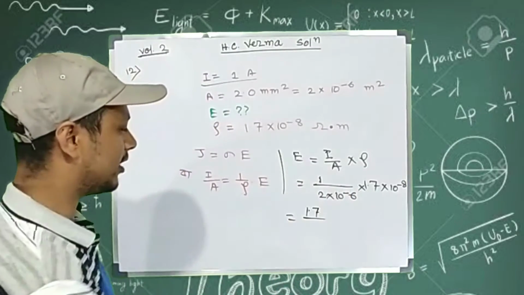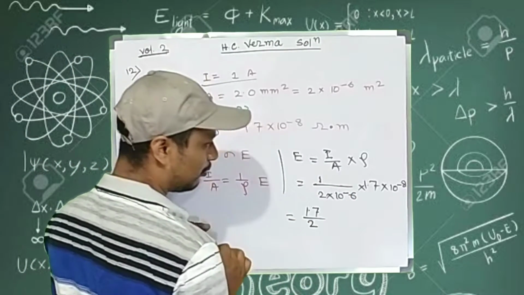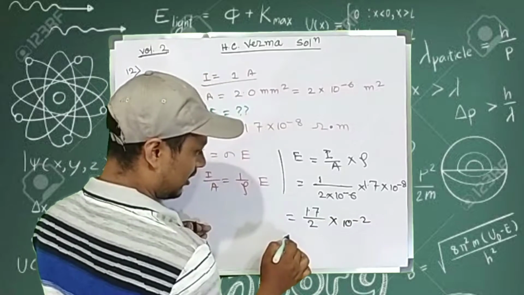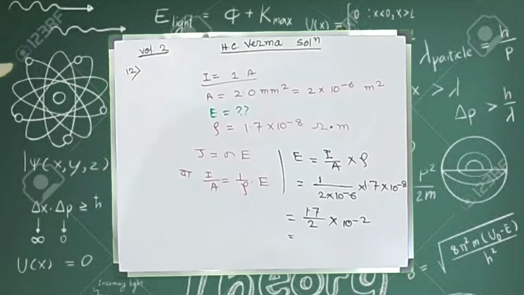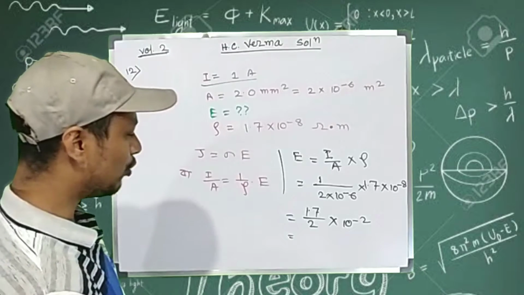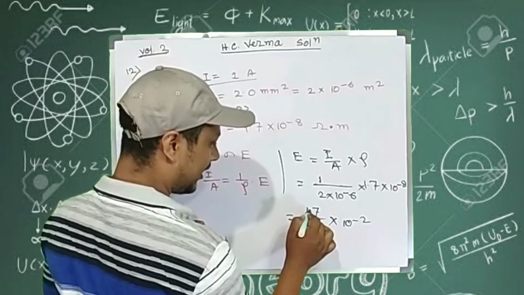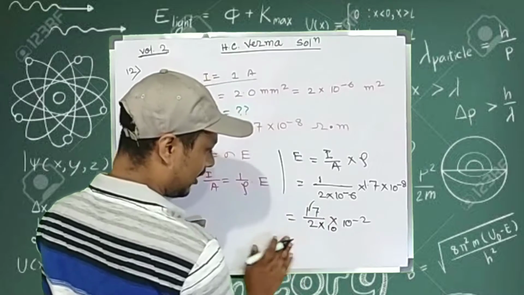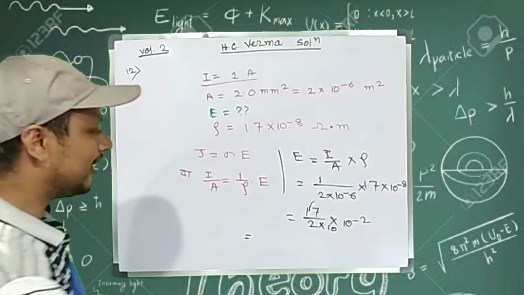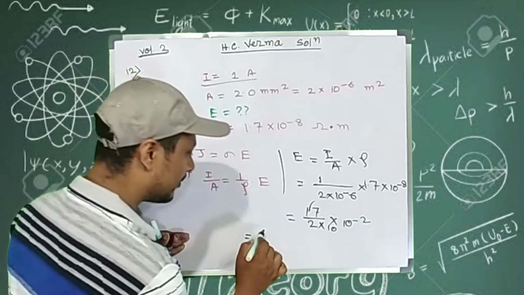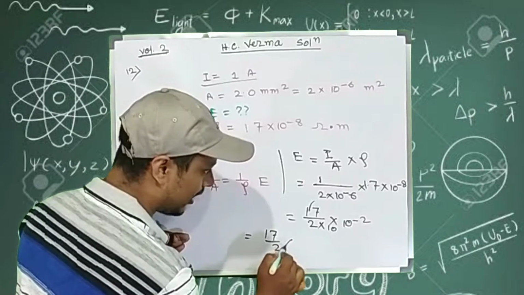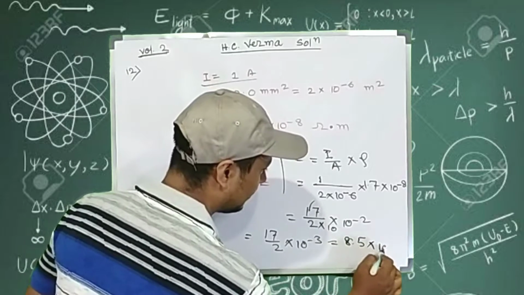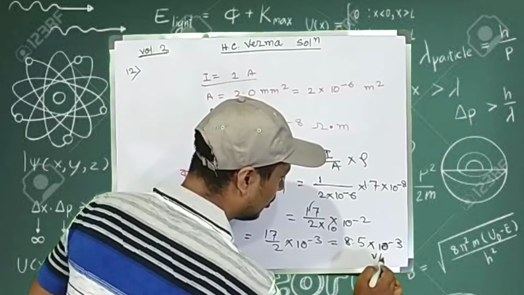If you do this calculation, it is 1.7 by 2 into 10 to the power minus 2. You can remove the decimal and take 10 in the denominator, so 17 by 2 into 10 to the power minus 3, that is 8.5 into 10 to the power minus 3 volt per meter.